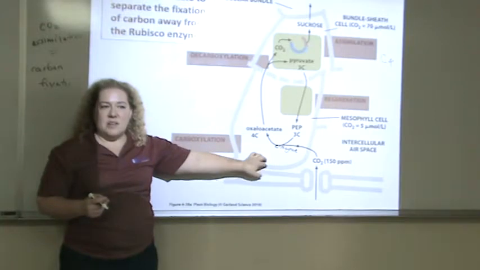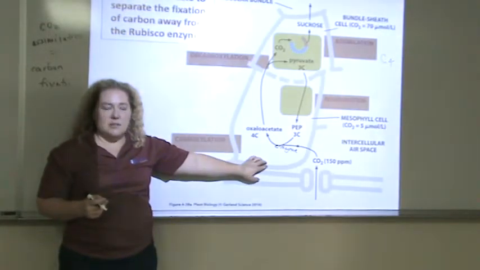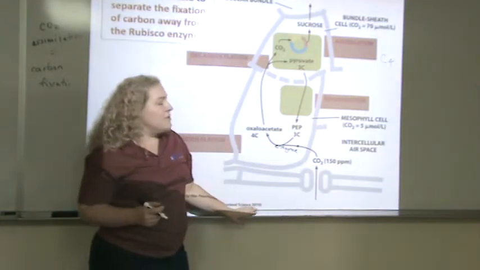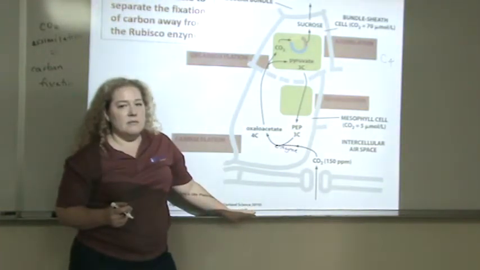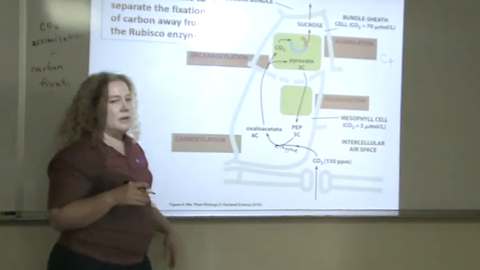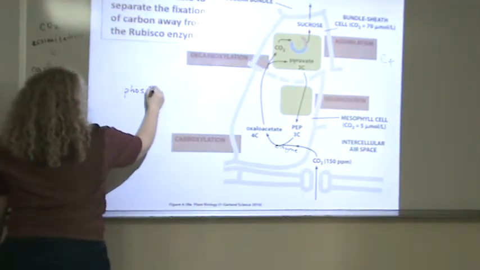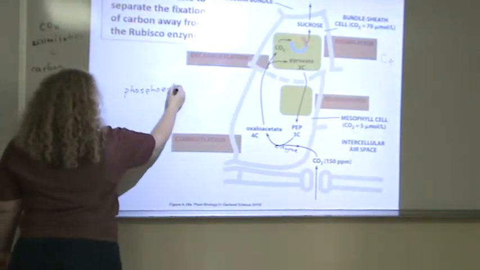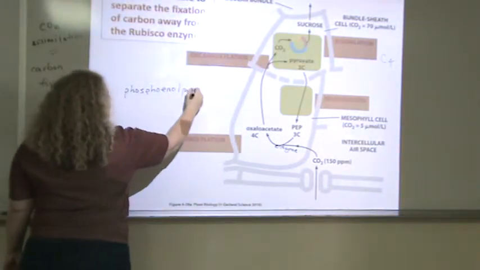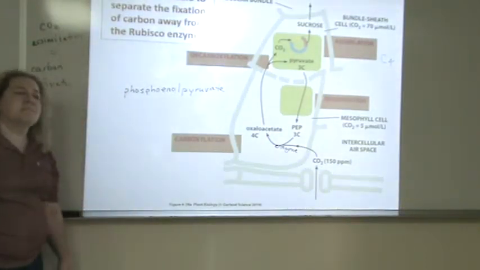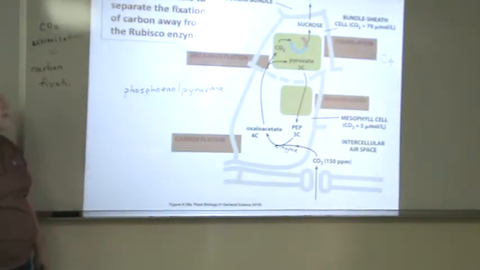There's a separate enzyme in these cells, not Rubisco, that combines CO2 with phosphoenol pyruvate, the same one that we saw in glycolysis if you're in cell. On those videos, both of them, strangely enough, were saying that PEP was phenylenol pyruvate.